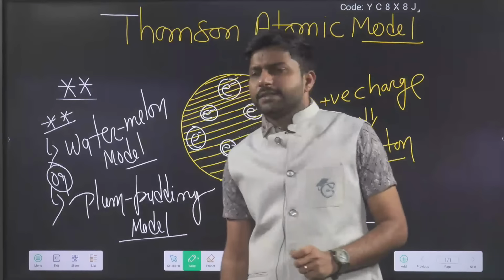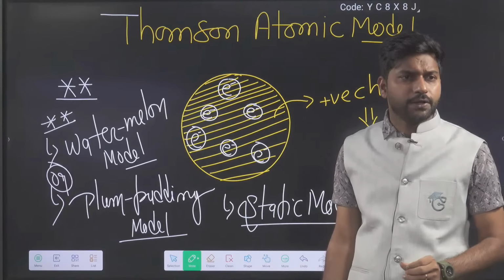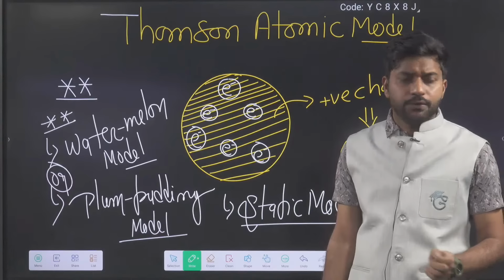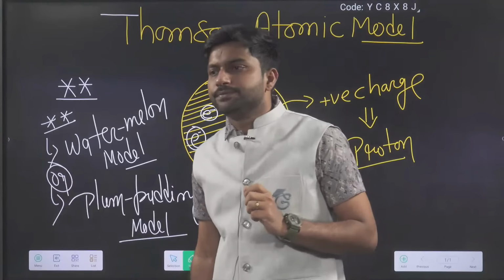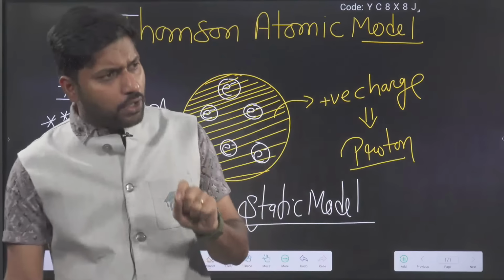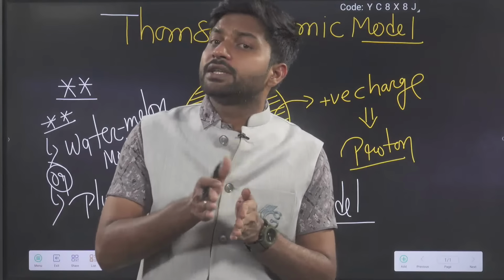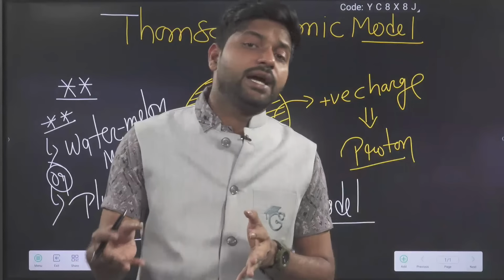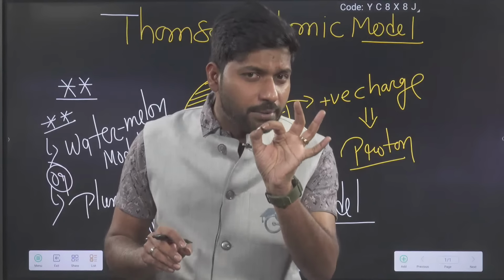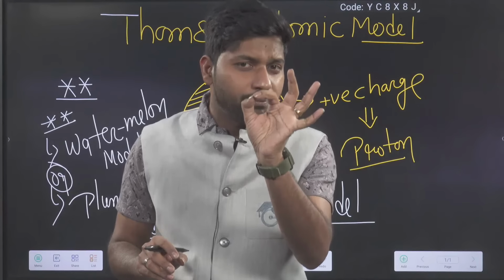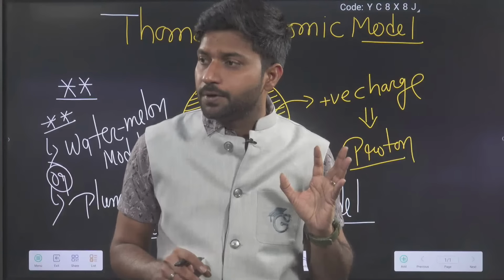As well as this, the model is wrong, a false model. The main reason is that further studies showed that the electron is not stable, or you can say not present in a static mode in its position.